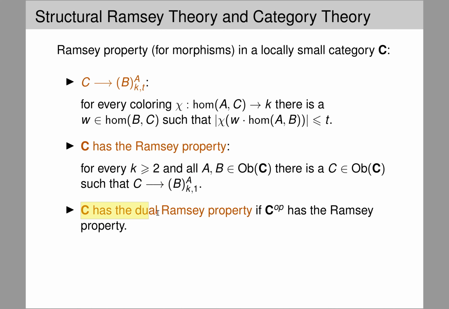We say that C has the dual Ramsey property if the opposite category has the Ramsey property. So this is psychologically very important, because working with dual Ramsey property is usually hard. Everything is backwards. But by moving to the categorical reformulation of the Ramsey property, we can work with the direct Ramsey property in mind and obtain the dual Ramsey property by simply moving to the opposite category.